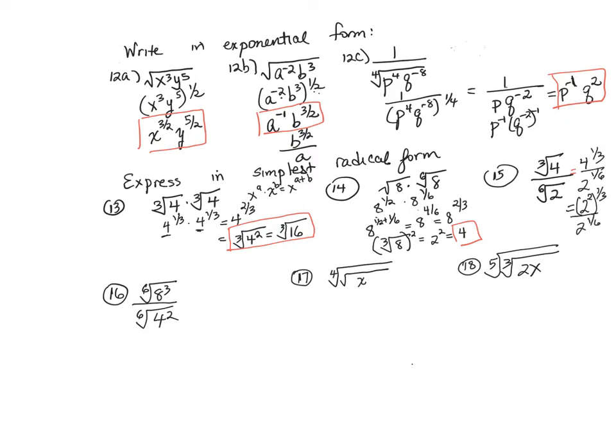And then we proceed. I'm going to erase a little bit of this problem because I need room. So that would give us 2 to the 2/3 over 2 to the 1/6. And the rule is that when we divide with the same base, we subtract the exponents.